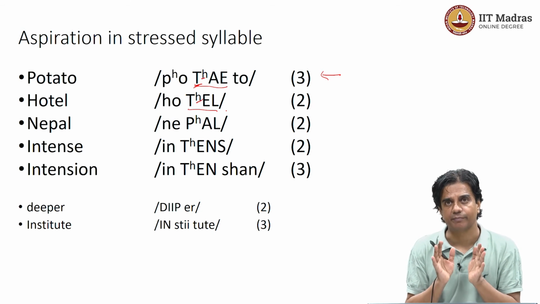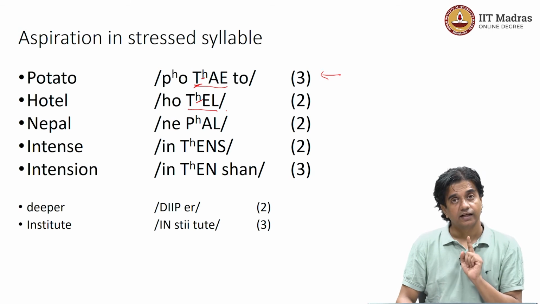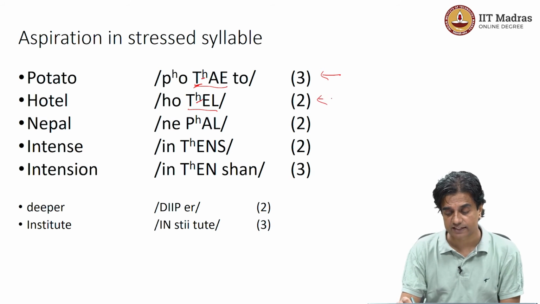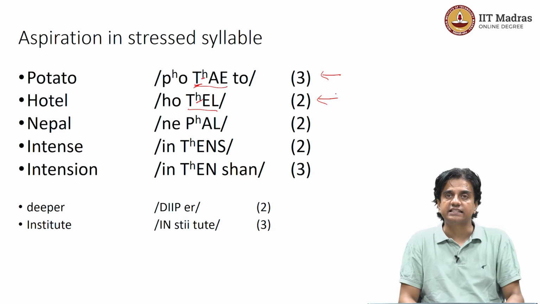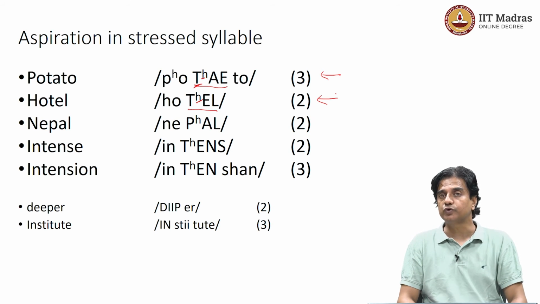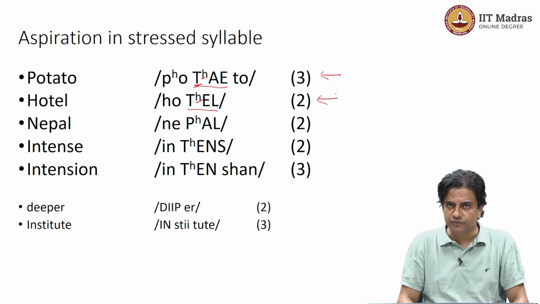So keeping this in mind, look at these words. I want you to look at one specific thing here. While talking about stress, we talked about a rule that mostly nouns and adjectives are stressed.